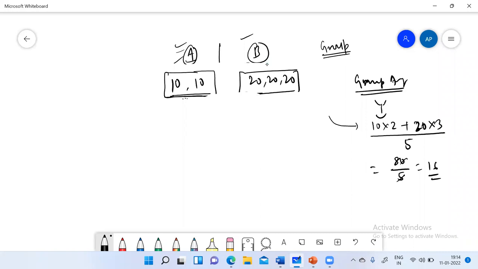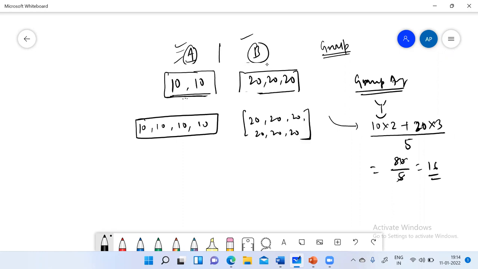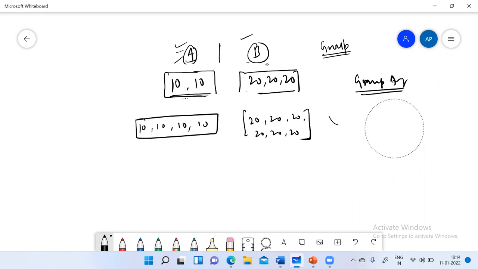What if the members are increasing in the same ratio? Like if A has 4 members whose average is 10, and B has 6 members whose average is 20 again. What will be the group average value again? If we do it mathematically, it will again be 10 into 4 plus 20 into 6 divided by 10, so 16.